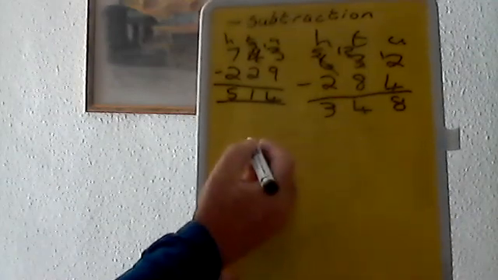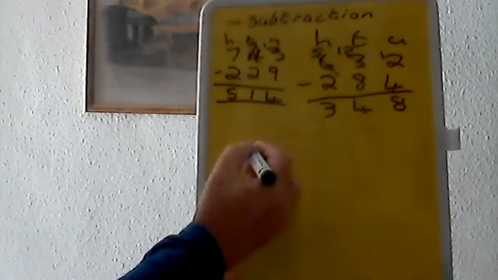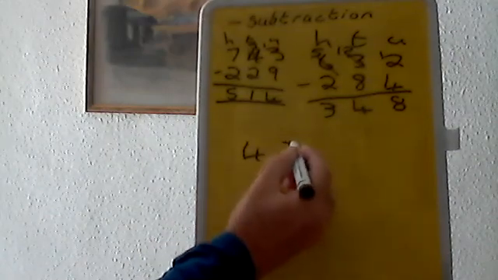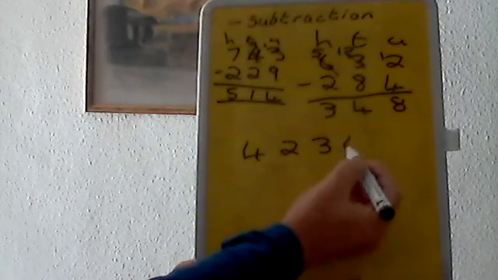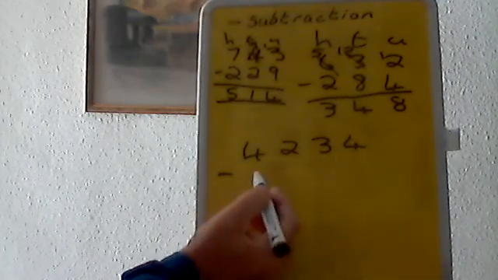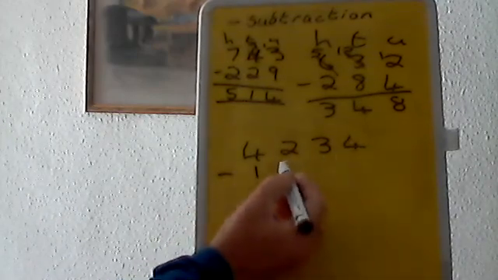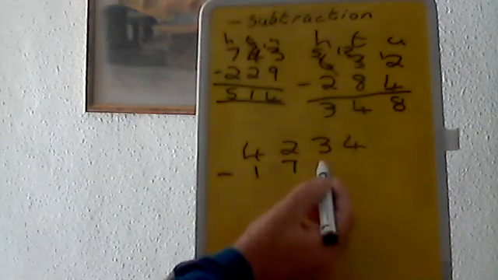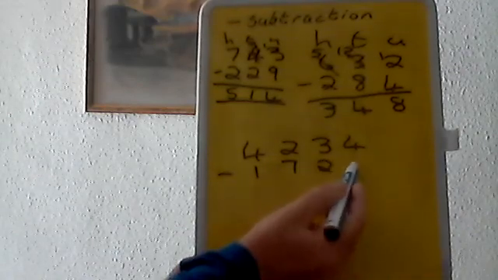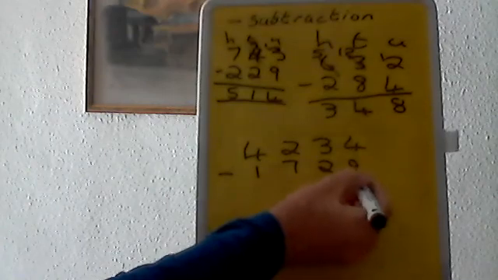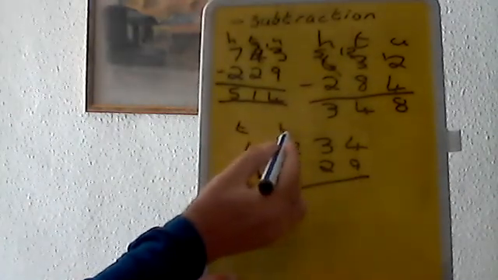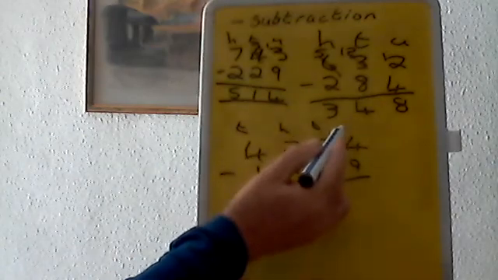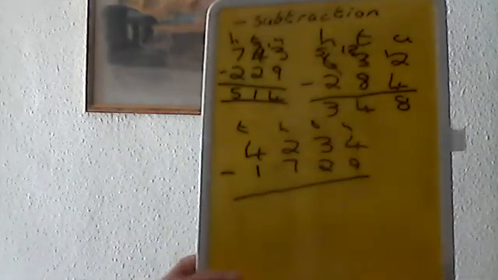Let's do one big one to finish. 4,234 minus 1,729. They are thousands, they are hundreds, they are tens, they are units. We know that now.